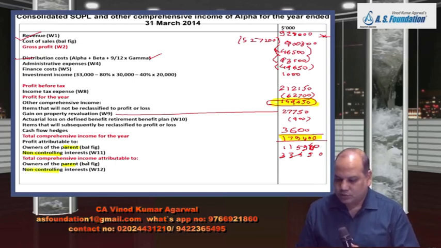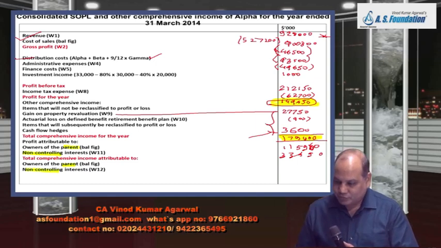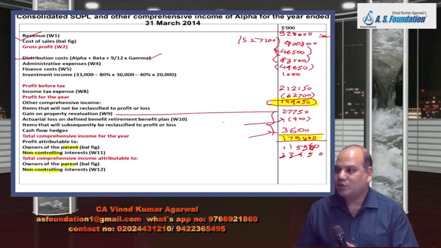Now, what about the total comprehensive income attributable to parent and NCI? On the screen, understand. In other comprehensive income, we have these three items. This 3600 belong to whom? Parent. It was the adjustment in parent book, cash flow hedge. This 900 actuarial loss, this was adjustment in whose book? Parent's book, ignore.